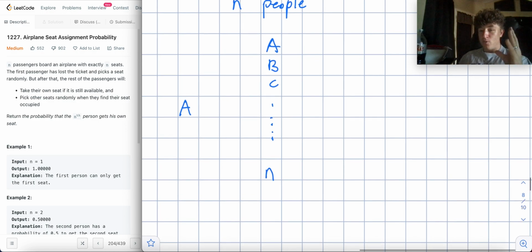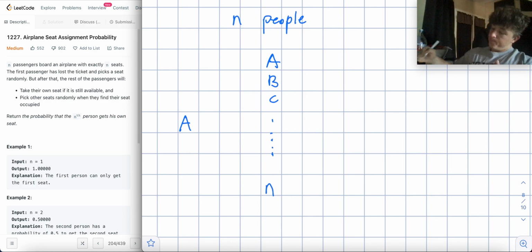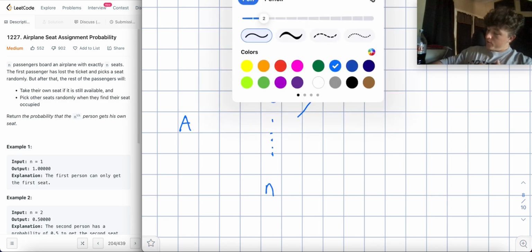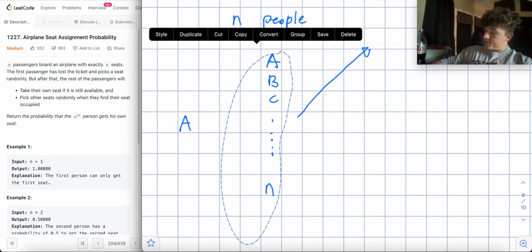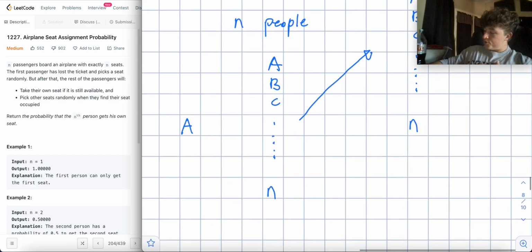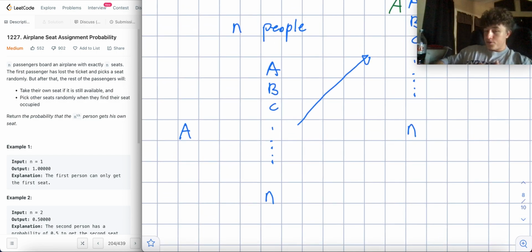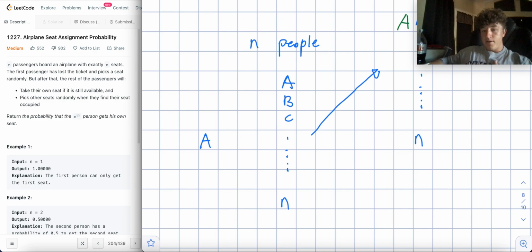Well, it's possible in the best case scenario, right, this person that picks a seat at random actually ends up picking the seat that was allocated for them, right? So in the best possible situation, with a probability of what, this will occur. Meaning you have these n seats still, right? And this person ends up in their actual seat, right? And if this person ends up in their actual seat, well, then we're in good shape, right?